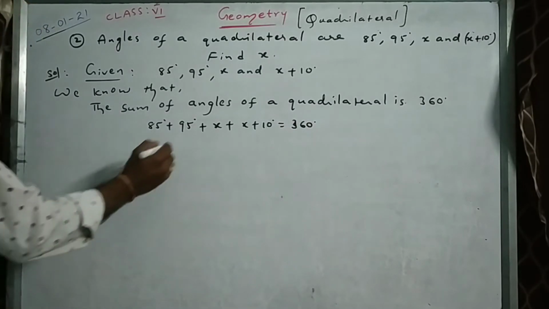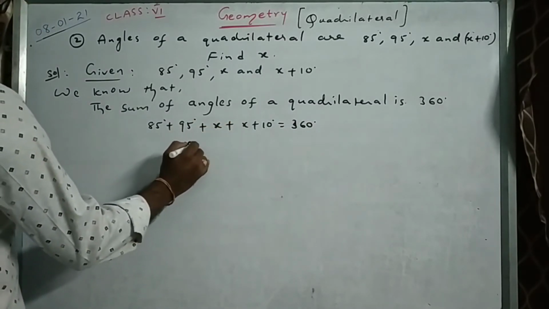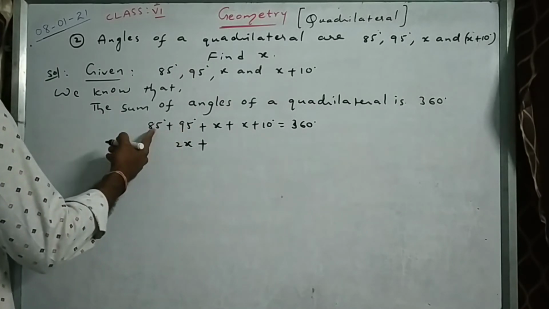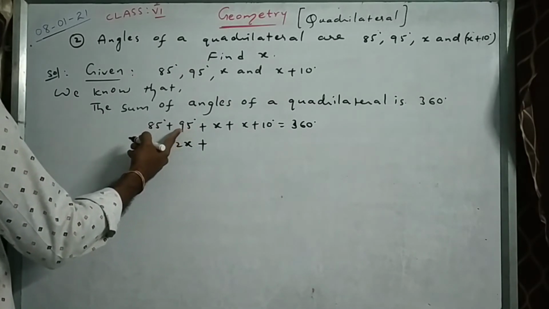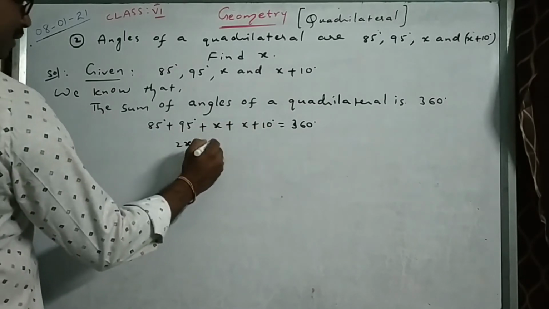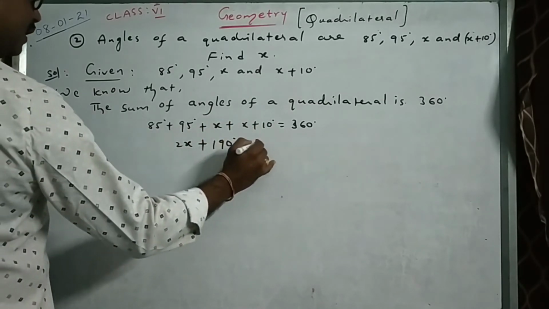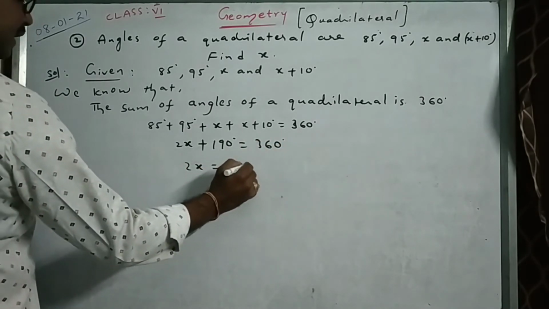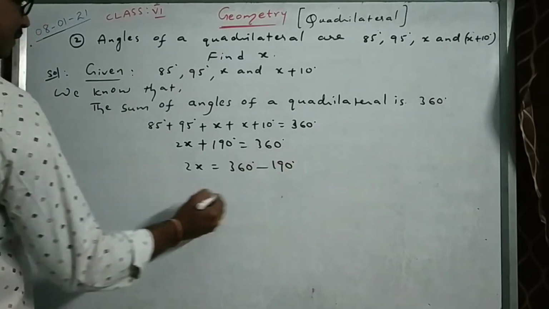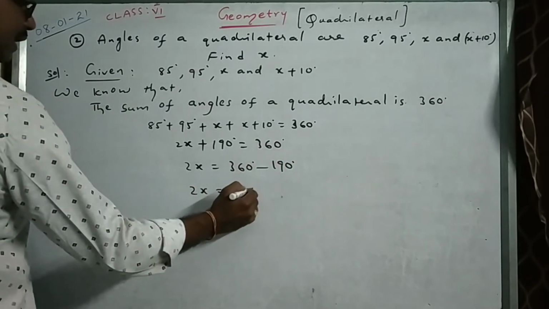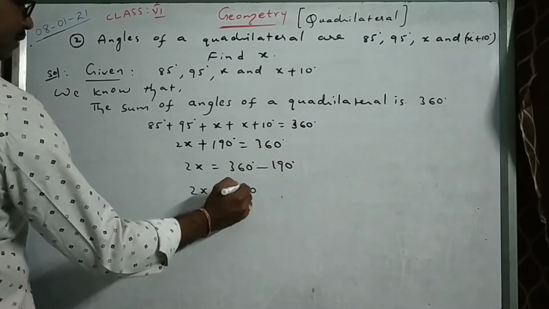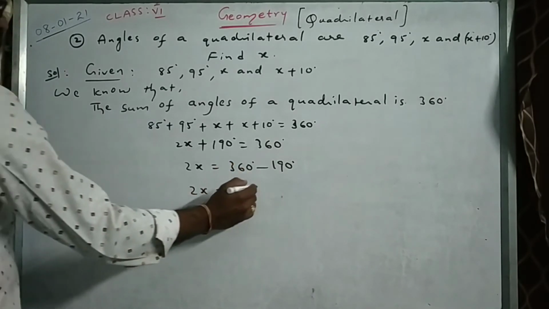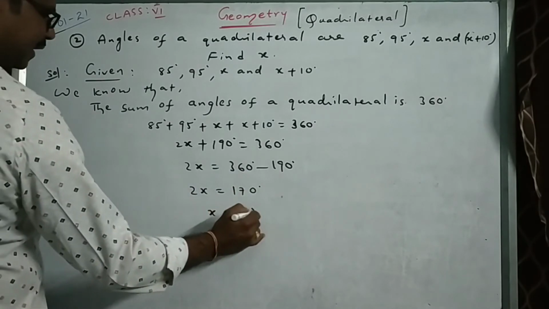Now x plus x is 2x, plus 85 plus 95 plus 10: 85 plus 5 is 90, 90 plus 90 is 180, and 190, equal to 360 degrees. 2x equal to 360 minus 190, shifting that side. 2x equal to 170 degrees.